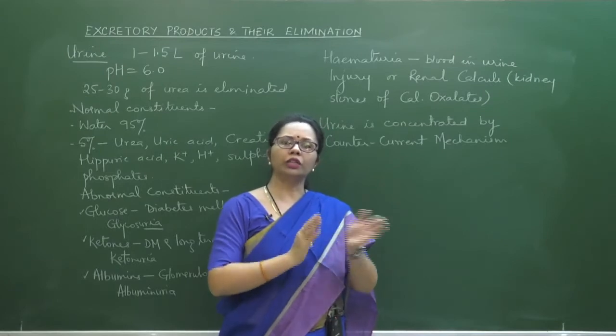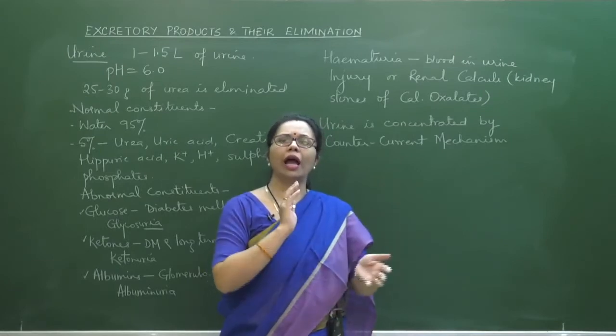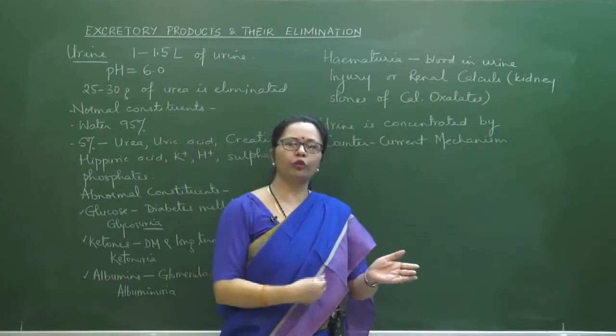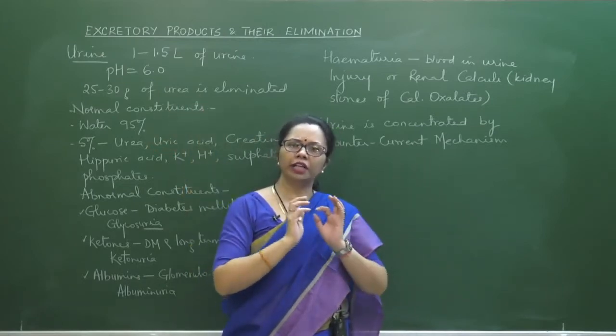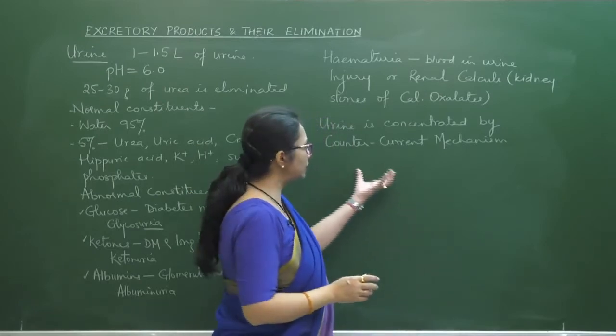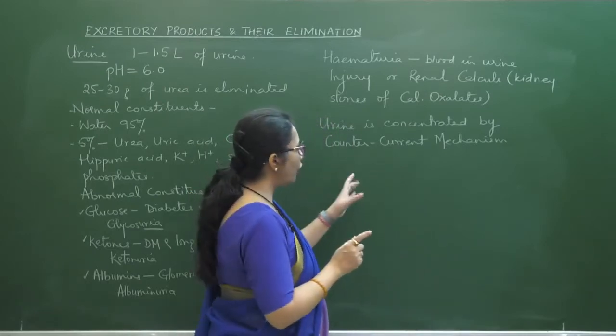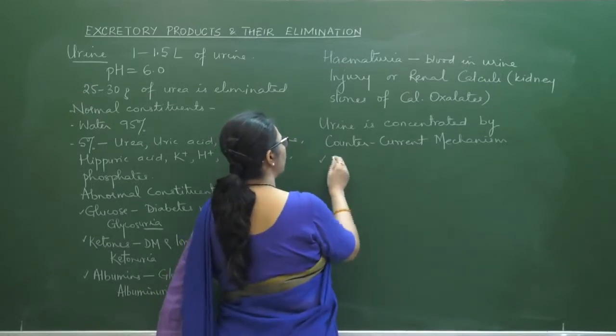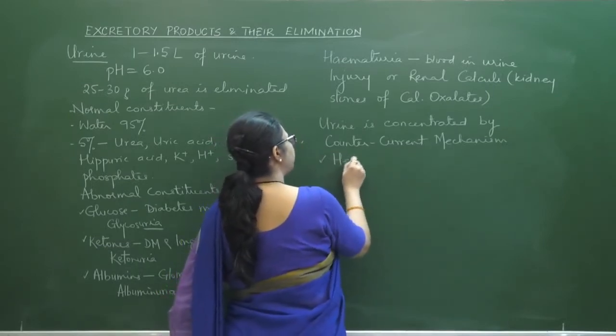But counter current is when they are in opposing directions, and as a result from one side the fluid is moving away, on the other side fluid is being added, the diffusion gradient is always present. So this counter current is formed in our nephron by two things which contribute. One is of course the Henle's loop.